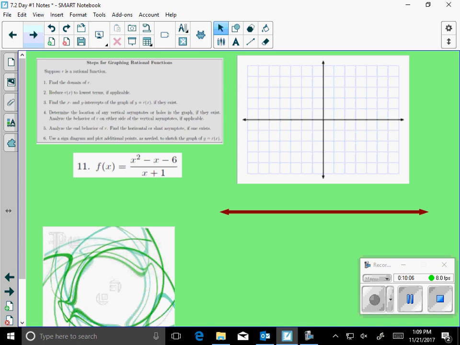How do I know that? Because the degree, what, Luca? Say it. The degree on top is larger than the degree on the bottom. By how many? By 1.